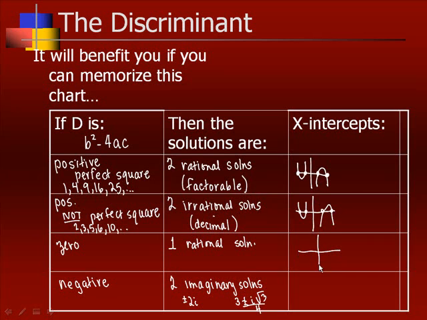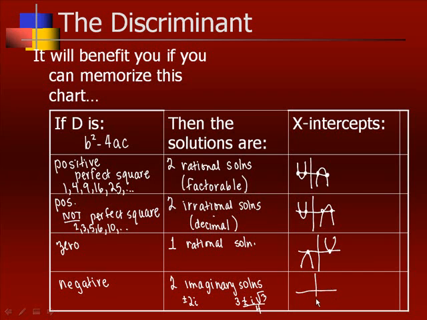Now, if there's only one solution, then what that means is your graph is going to come down and touch right there and go back up, or it's going to come down here, come up and touch it and go back down. But in these, you'll just have the one x-intercept, and that will be your one solution. Now, what do you think imaginary solutions would look like in terms of x-intercepts?